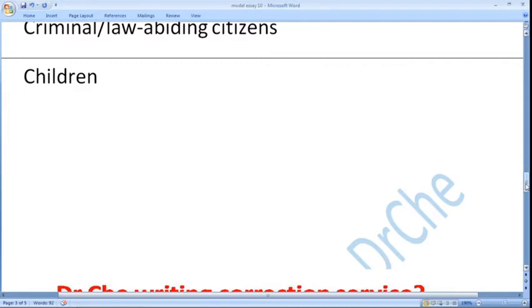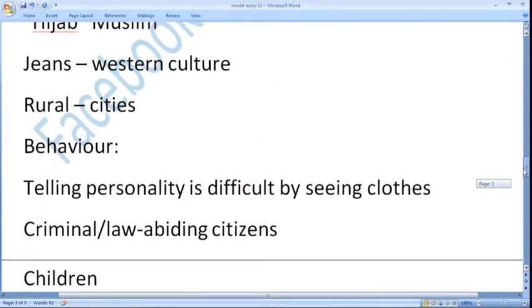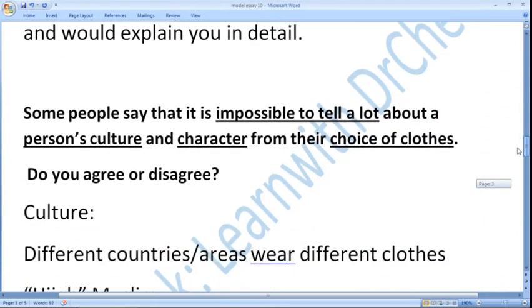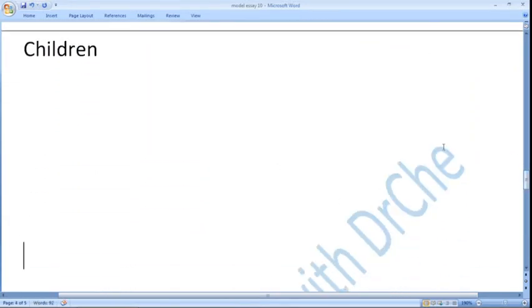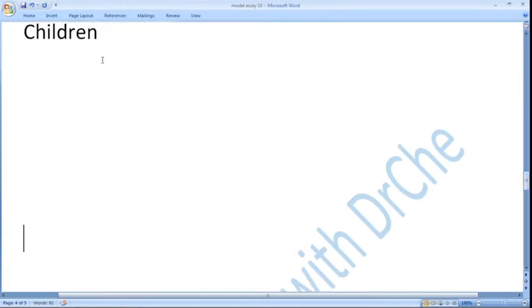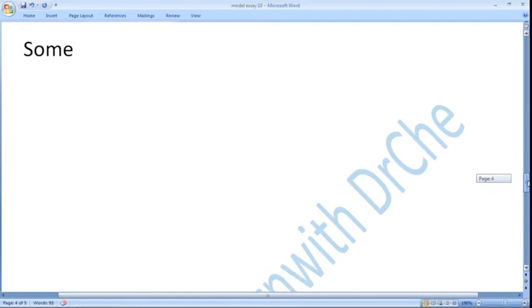Then how we would start our introduction? We can paraphrase the question, and then we can give our opinion. What is my opinion, overall opinion? Let us start the introduction. Just I am going to present what are the two opposing opinions.